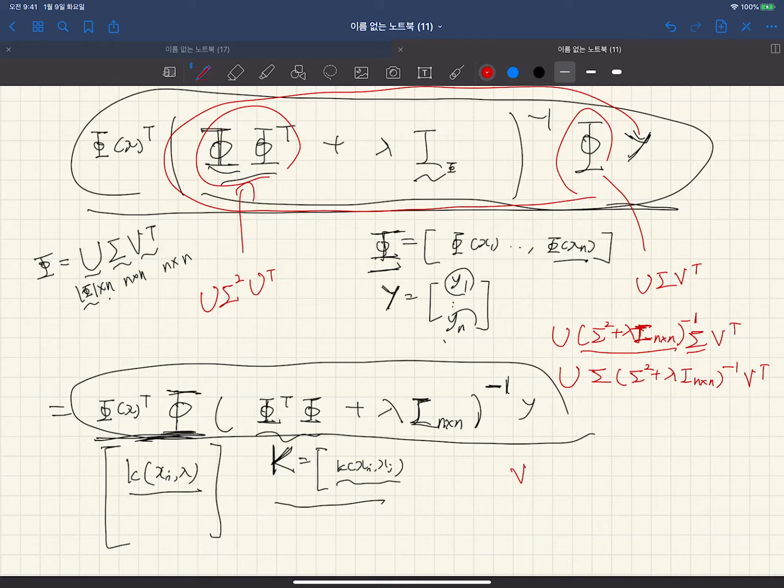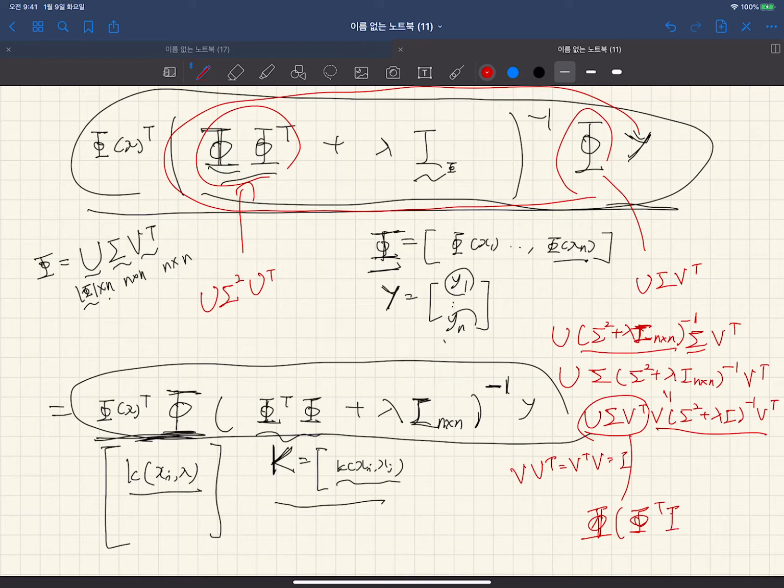And since V transpose V is equal to the identity matrix, you can rewrite this as U sigma V transpose V (sigma square plus lambda identity matrix) inverse V transpose, and this is the original Phi matrix, and this part is (Phi transpose Phi plus lambda identity m by m matrix) inverse.